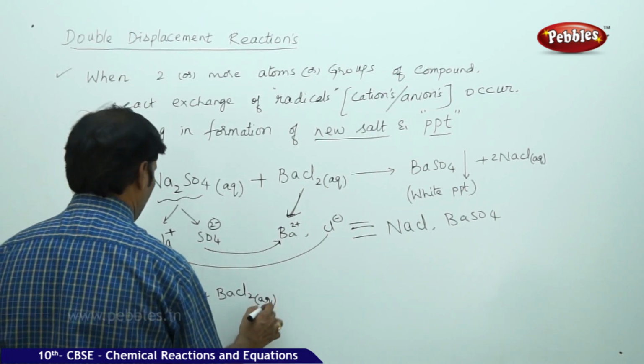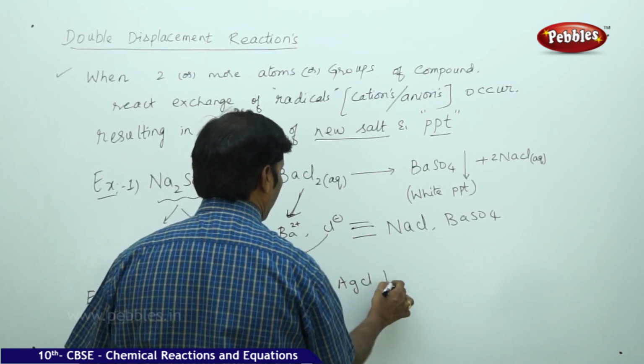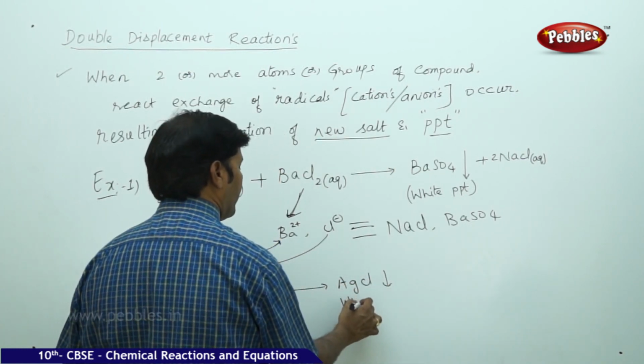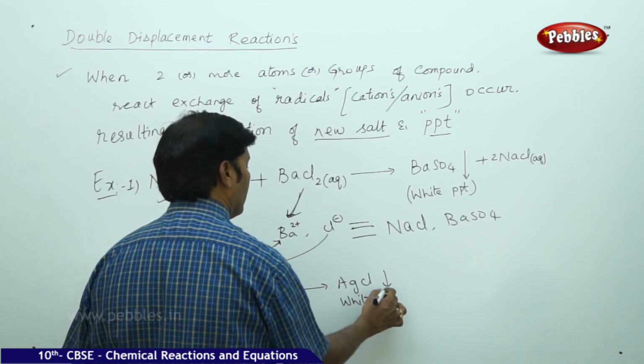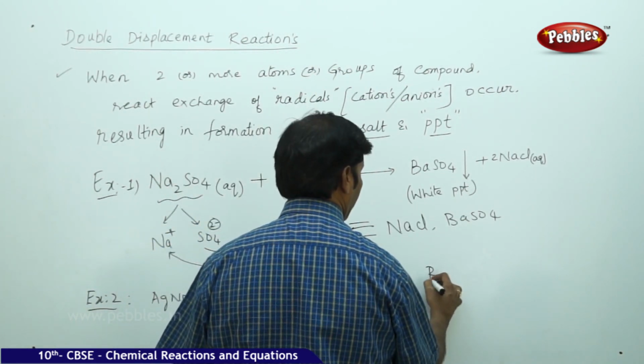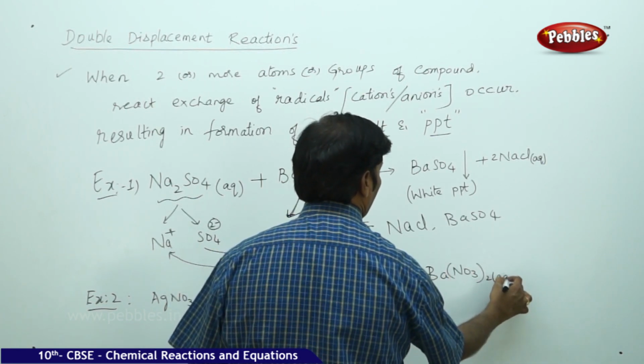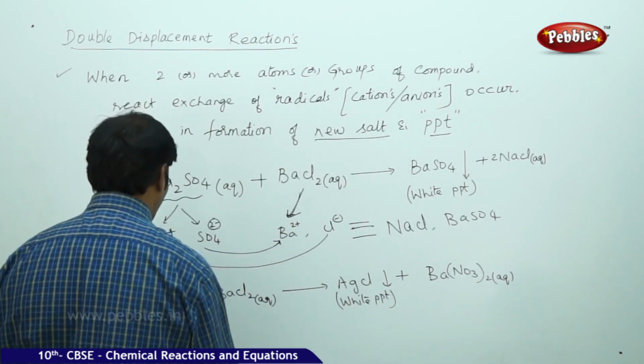Again aqueous, you get AgCl precipitate, white precipitate, plus barium nitrate, aqueous. So what are the ions taking place here?